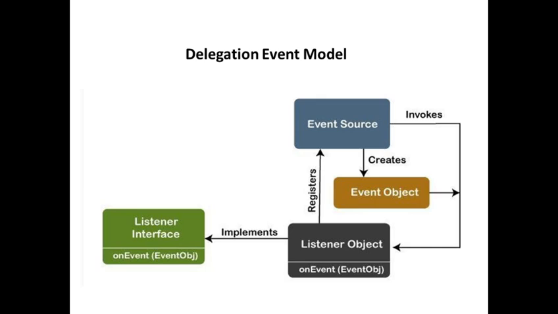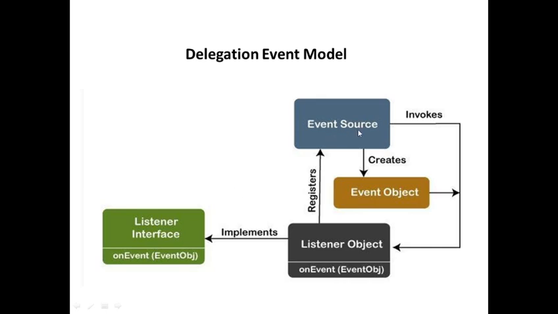In the older model, an event was propagated up the containment until a component handled it. This needed components to receive events that were not processed, and it took lots of time. So in this model, we can see there are four terms, which are the event source, event object, listener object and listener interface. So let's see one by one.